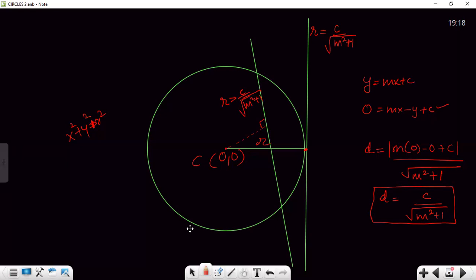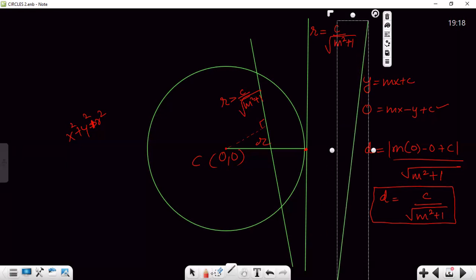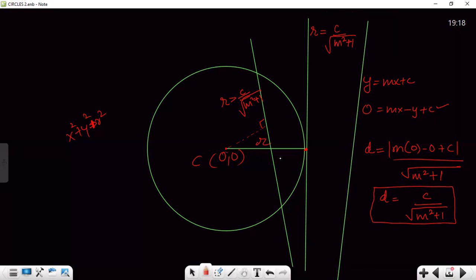If the line is outside the circle, not touching anyway, then the perpendicular distance between the center and the line is greater. R is less than c upon the square root of m square plus 1.